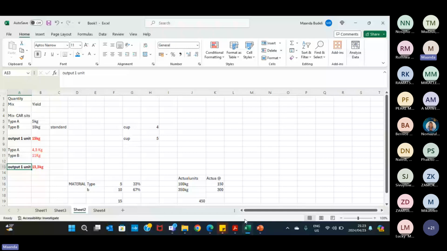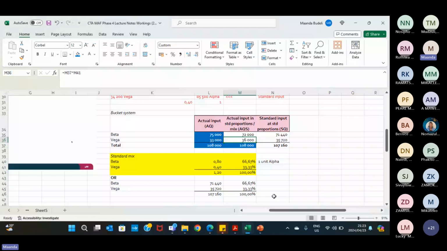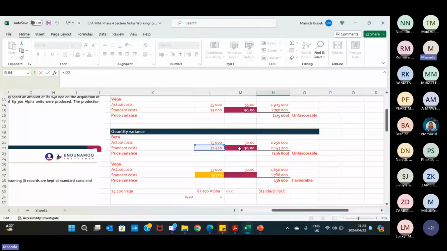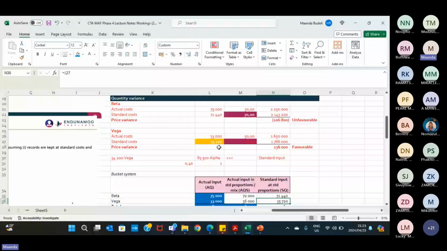So what are we comparing? What we are going to compare is this: if you go to the quantity, this is what we actually need for our standard price.